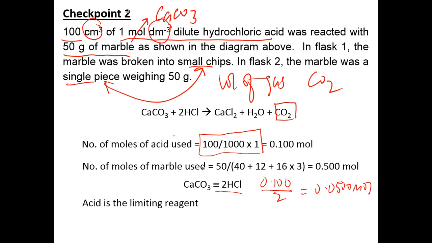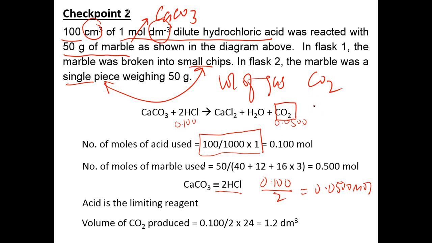So with this, we will be able to know the volume of carbon dioxide formed, because 0.100 mole of acid will give me 0.0500 mole of carbon dioxide. I divide by 2. This is the number of moles of carbon dioxide. Why? Because 2HCl is equivalent to 1 CO2.